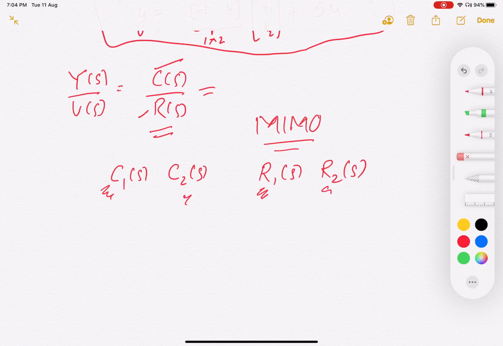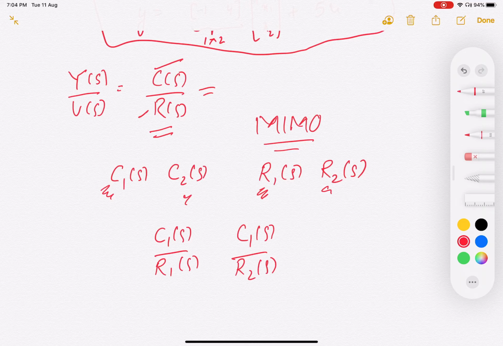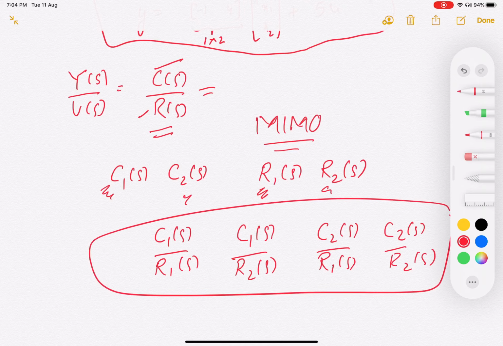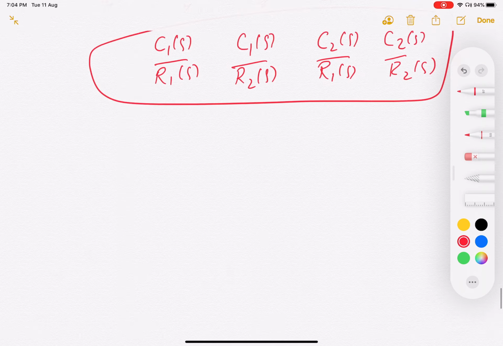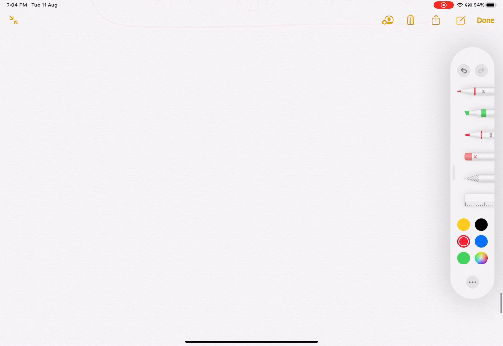That means there would be four transfer functions: C1(s) by R1(s), C1(s) by R2(s), C2(s) by R1(s), C2(s) by R2(s). So you can instantly see the advantage of the state space representation. I'll now explain what it is and how it is done.